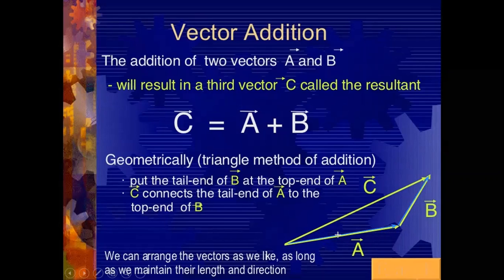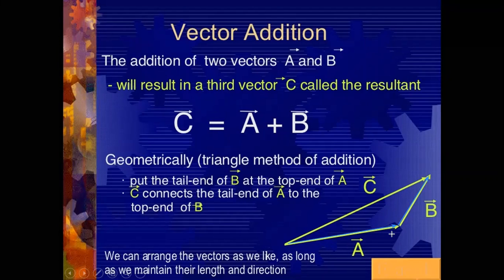So this is the position to draw. First we draw the A vector, and to the head of the A vector we draw the tail of the B vector. Now we have to draw the resultant. The resultant connects the tail of the A vector and the head of the B vector.